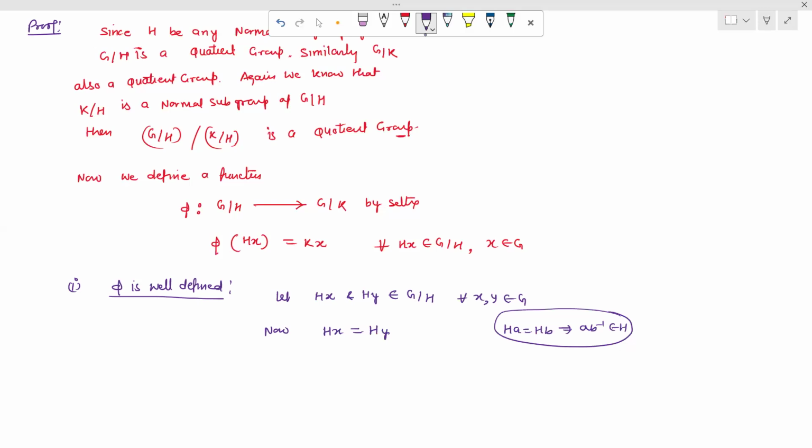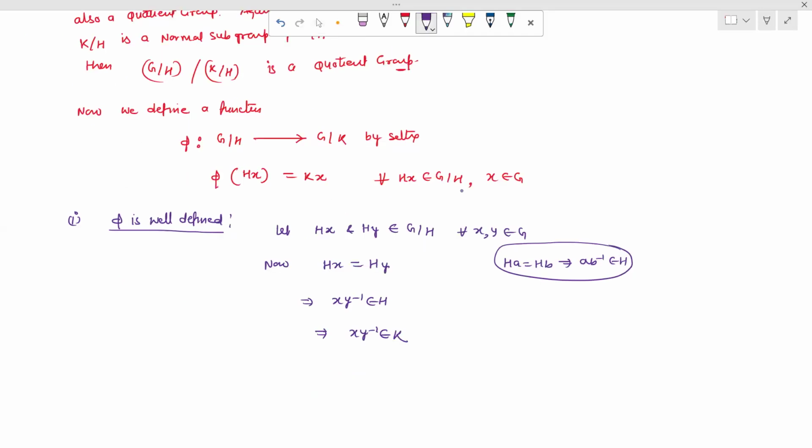So Hx equal to Hy implies that xy inverse belongs to H. When xy inverse belongs to H, this implies that xy inverse belongs to K, because K is also a normal subgroup of G containing H. So the element xy inverse which belongs to H also belongs to K. So we can write H is a subset of K, so all the elements of H belong to K. So this is our equation number 1.